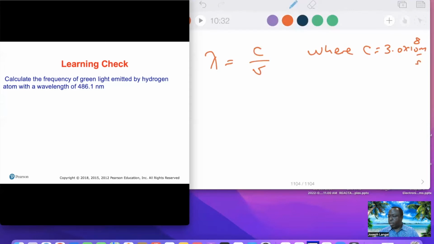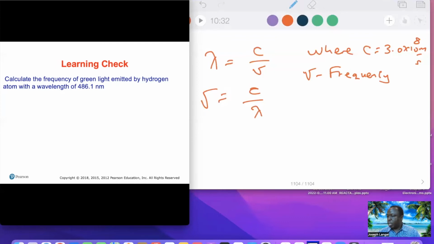We are calculating frequency. It's given by c over lambda. You have to know the symbols. This one is frequency.